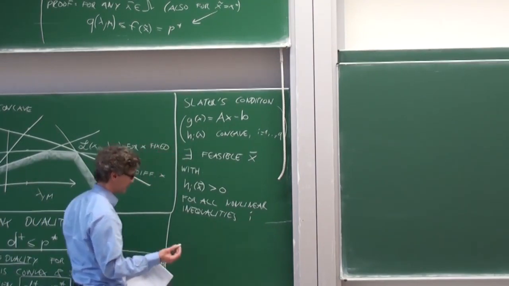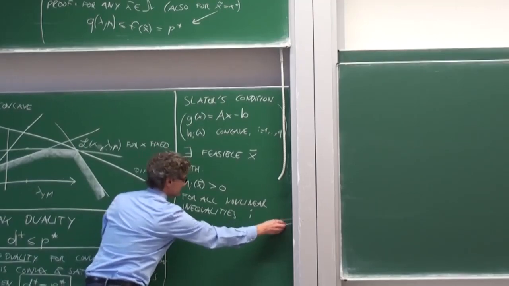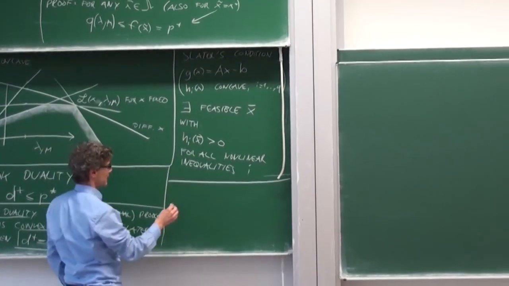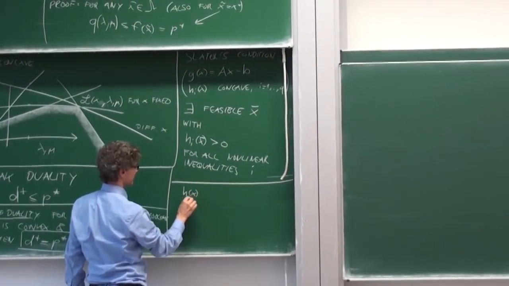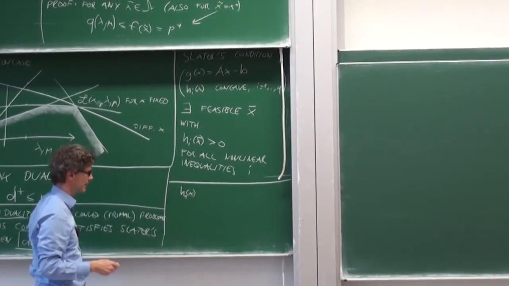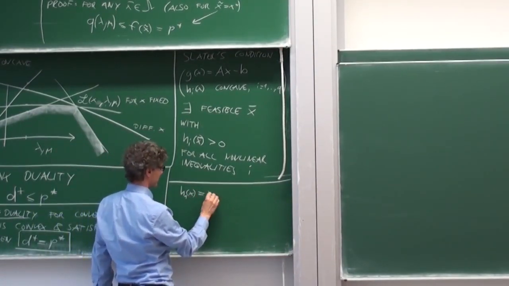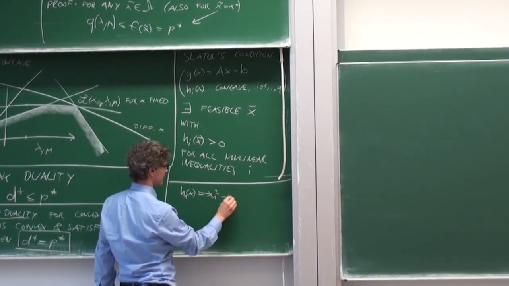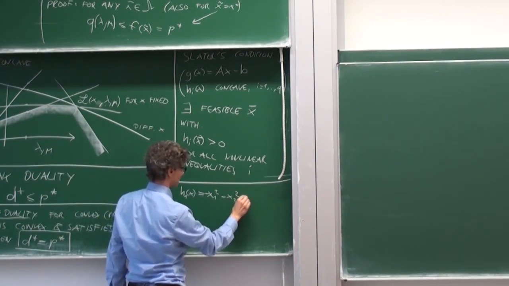So if I just draw an example, I want to give you one example so that we get a feeling what this is. So imagine you have one constraint, h1 of x, that's the first constraint, which says that I have a concave function, let's say minus x1 squared, minus x2 squared, plus 1.